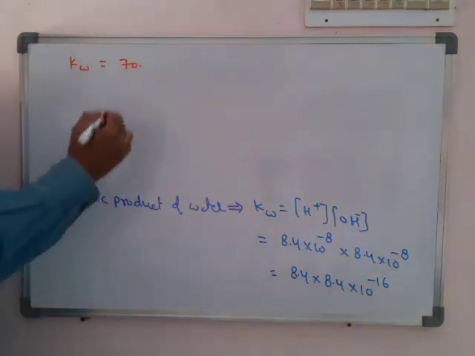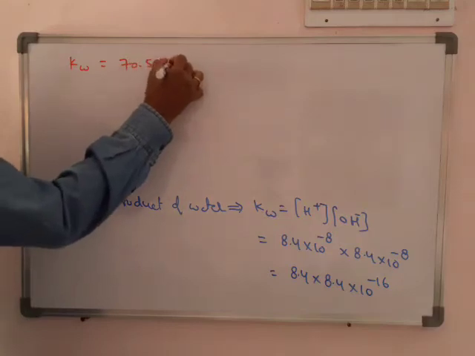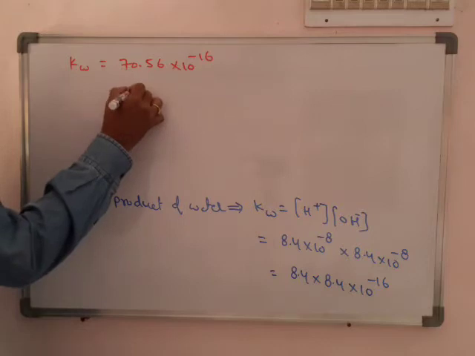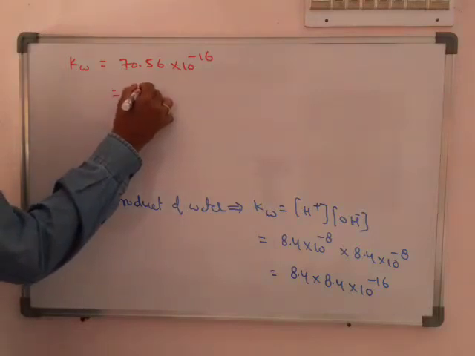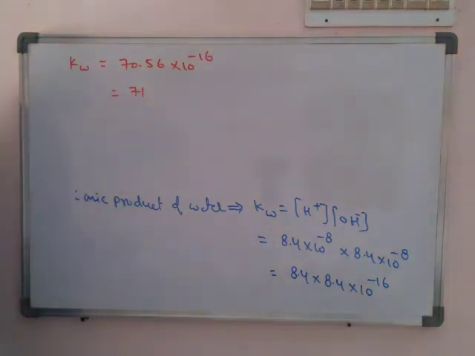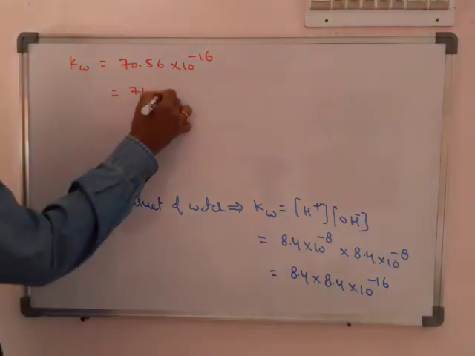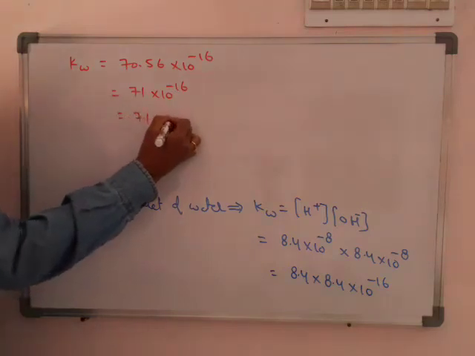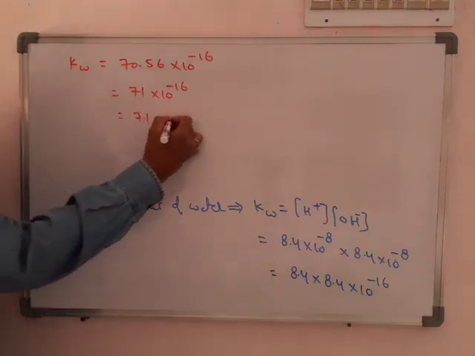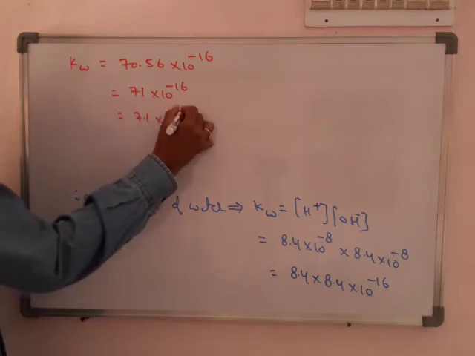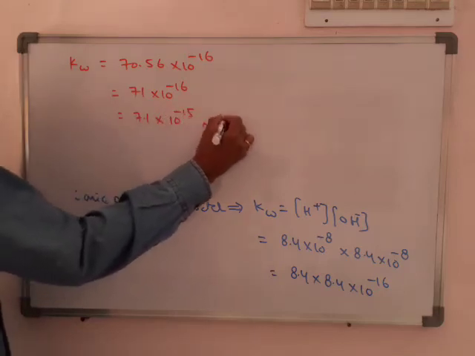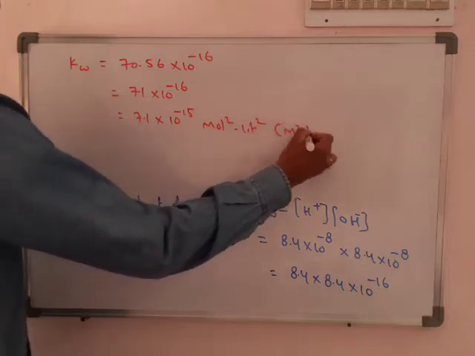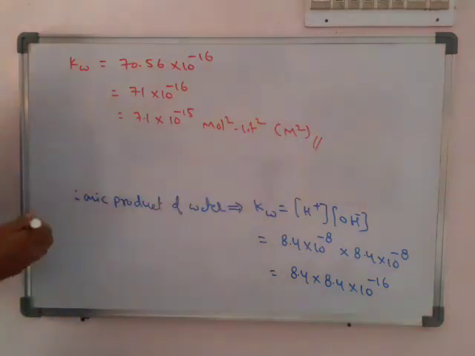We will get 70.56 into 10 power minus 16. So 70.5 approximately we can take as 71. Okay, so there is a 71 into 10 power minus 16. I think in the options it is given in terms of 7.1. So value decreased, just increase the value. The unit is mole square per liter square, or we can write M square. Okay, so this is the answer.